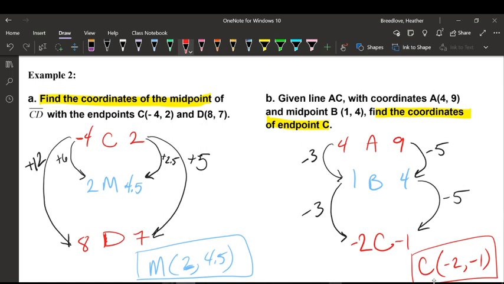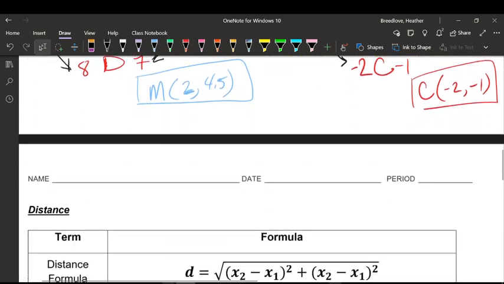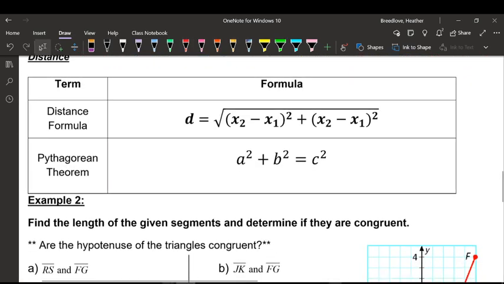Questions? No? Okay. So then on the back, we have the distance formula, which I just went ahead and gave you instead of having you write them down. And I want to point out that you can use either one to find D for distance, or C, not C squared, but C is the same thing.